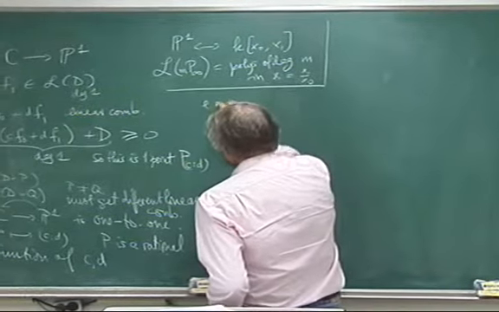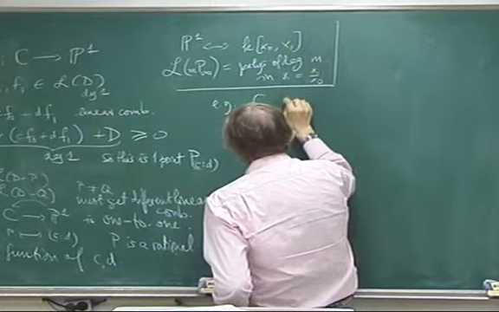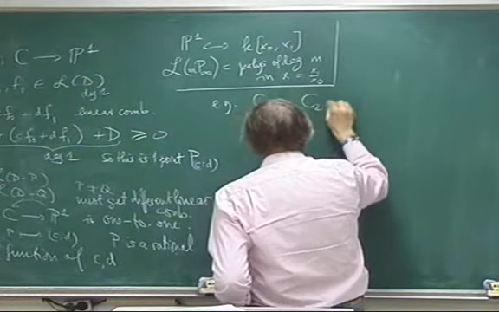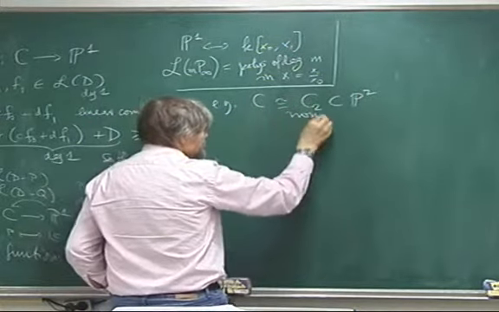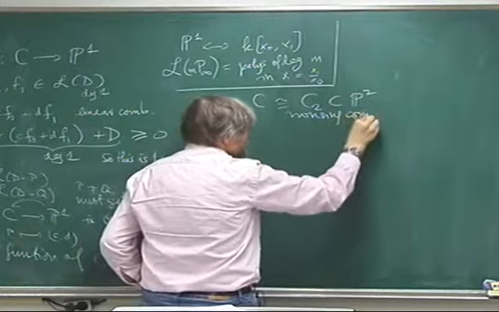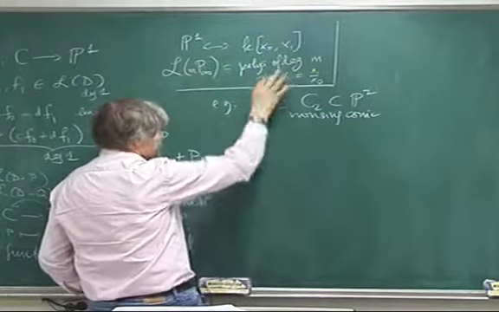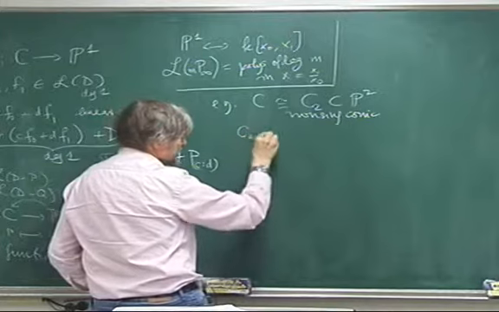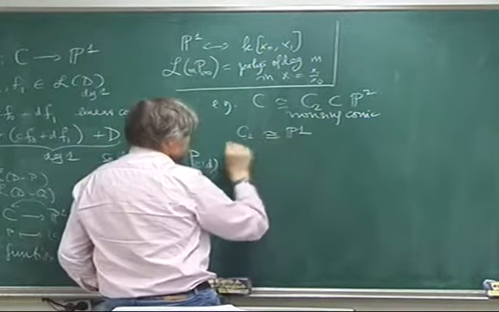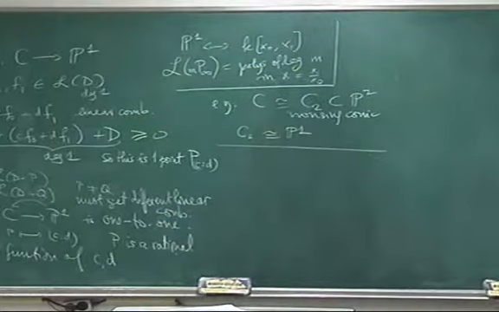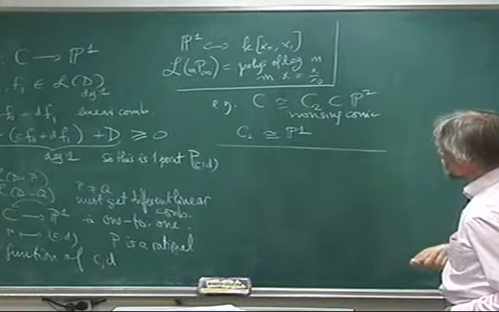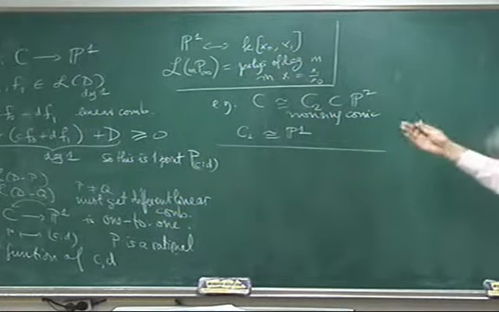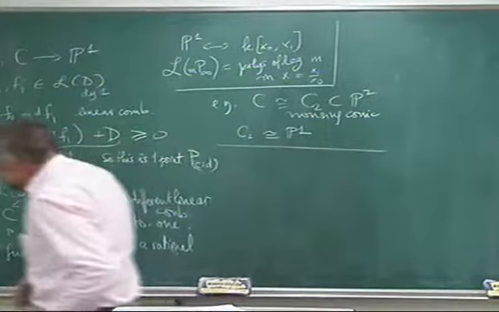So for example, if C is isomorphic to a non-singular conic in P2, we now get a rather abstract argument saying that C is isomorphic to P1. So we can go right back to the beginning of the course and get the results they talked about in chapter 1 of the book as a consequence of a whole elaborate theory.